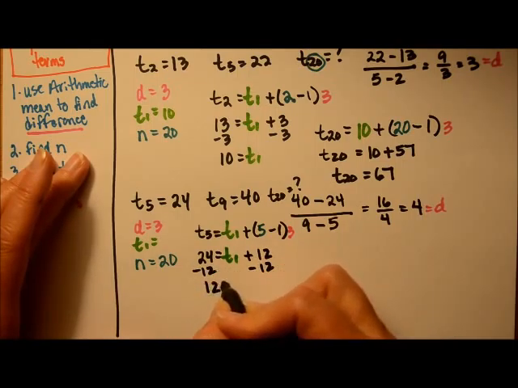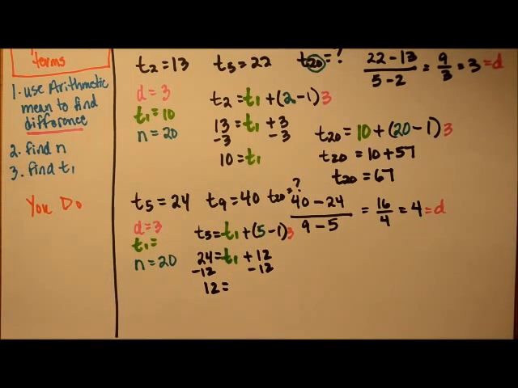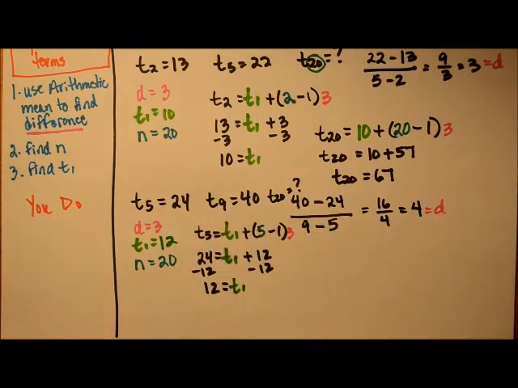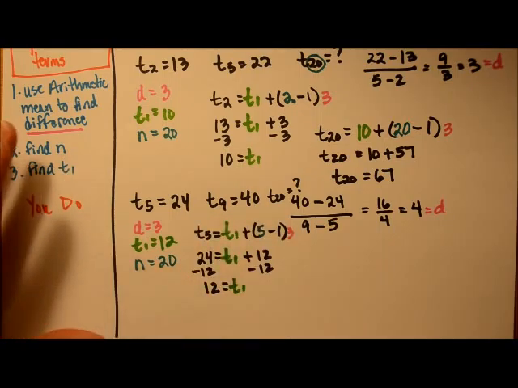And 12 then equals T1. So I was right, I went backward. So you can do it that way also. It's hard though, especially if I would have started out at T9, then it takes a little more thought. So it's kind of difficult, but if you can just grasp this, it's probably easier.